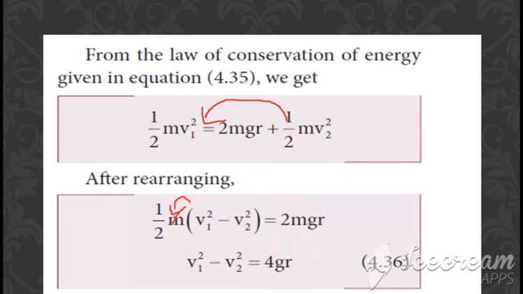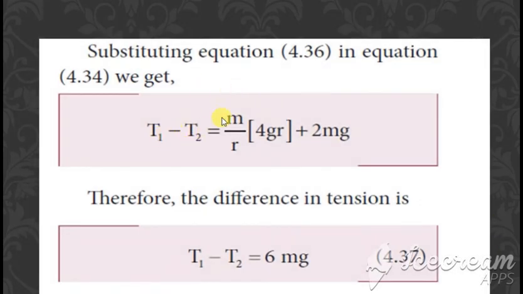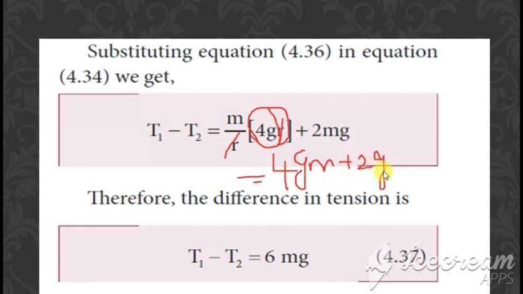Now this value of v1 square minus v2 square, we are going to substitute in the equation T1 minus T2 is equal to m by R into v1 square minus v2 square. The value of v1 square minus v2 square is 4gR. Now one R gets cancelled, so we get 4gm plus 2mg, which can also be written as 2gm.